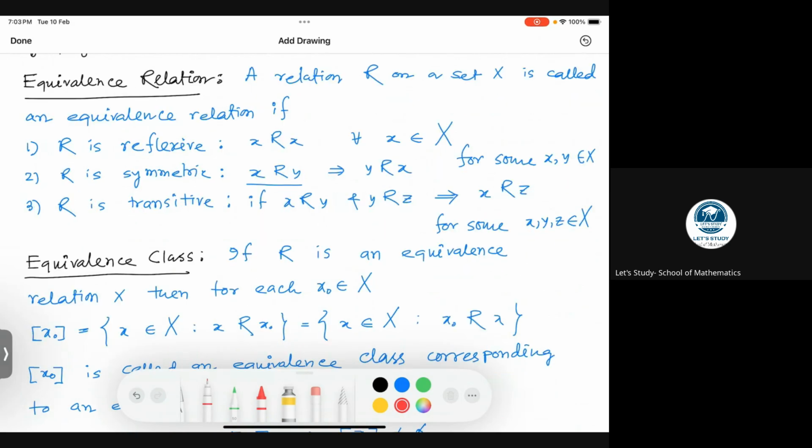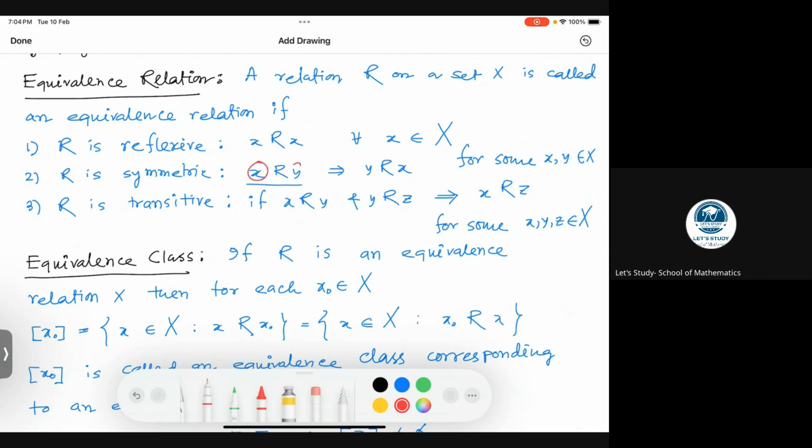Okay. Now see, what is an equivalence relation? A relation R on a set X is an equivalence relation if it is reflexive, symmetric, and transitive. Now, what is the meaning of reflexive? It means X is related to X for all X belonging to the set. Okay. What is the meaning of symmetric?